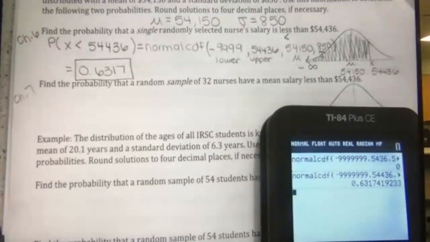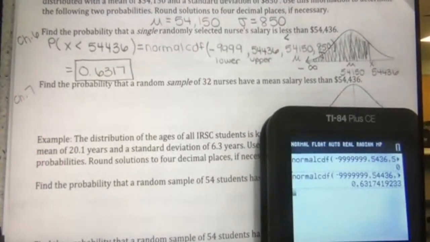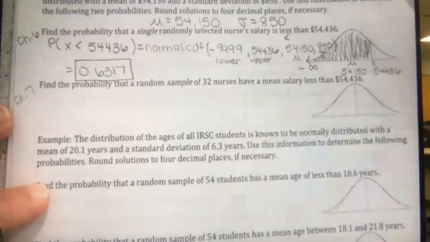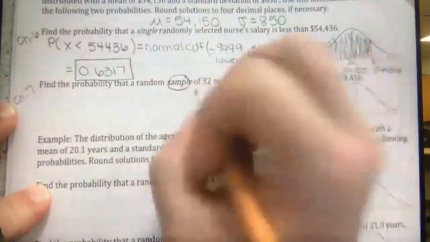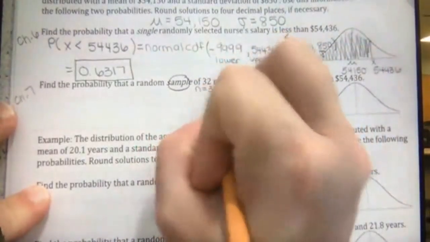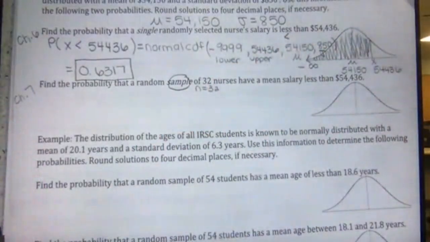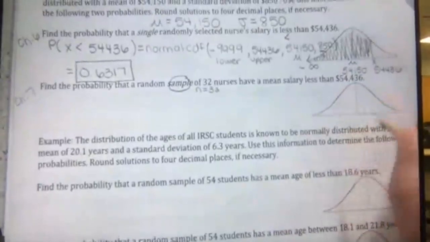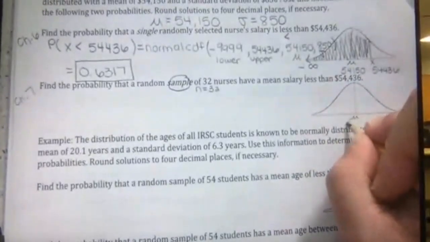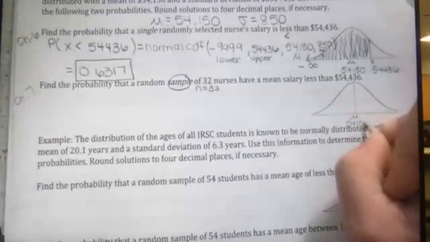It says find the probability, so it's still going to be the shaded area, but this time it's a random sample of 32. So that word sample is telling us our n value is 32 nurses that have a mean salary of less than 54,436. So same graph, our mean is still in the middle, which is still 54,150.